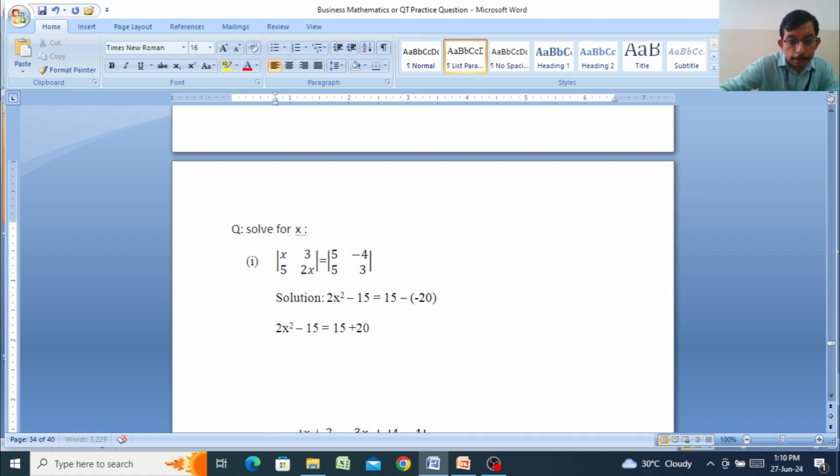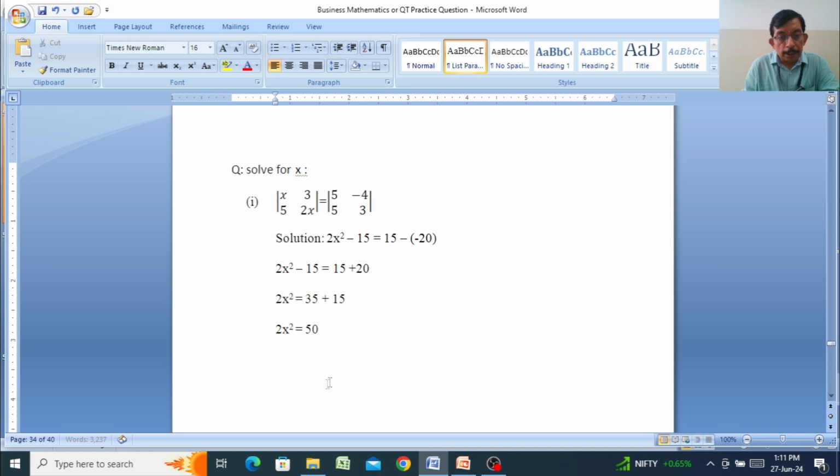2x square is equal to 15 plus 20, which is 35, and minus 15 goes to the right hand side, the sign is changed, the value is plus 15, then 2x square is equal to 50.